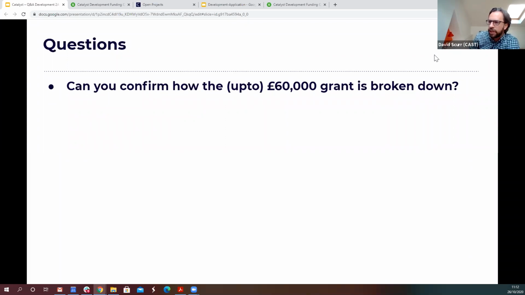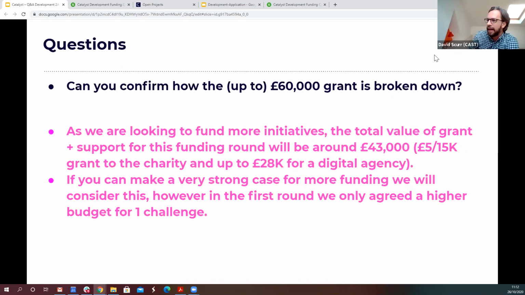Another question around budgets, which is very important, of course. Can you confirm how the up to 60,000 grant is broken down? So just to clarify here, the 60,000 grant is a figure that was advertised and published for the first round of development.